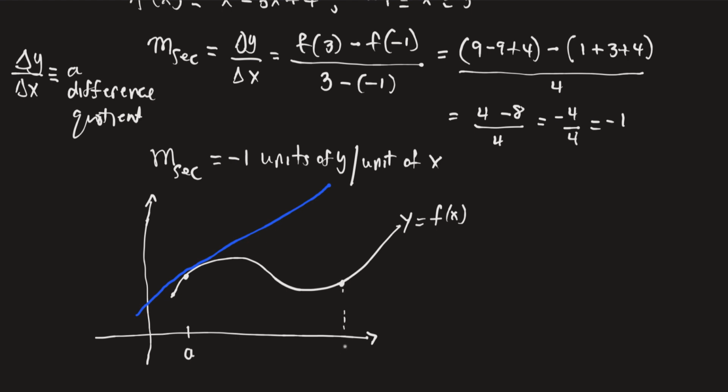But this point is not going to be like the fixed b that we just used in our example. This point is actually going to be a variable, because I'm going to make this change almost like I have a slider there that'll be sliding the x value along the x-axis.